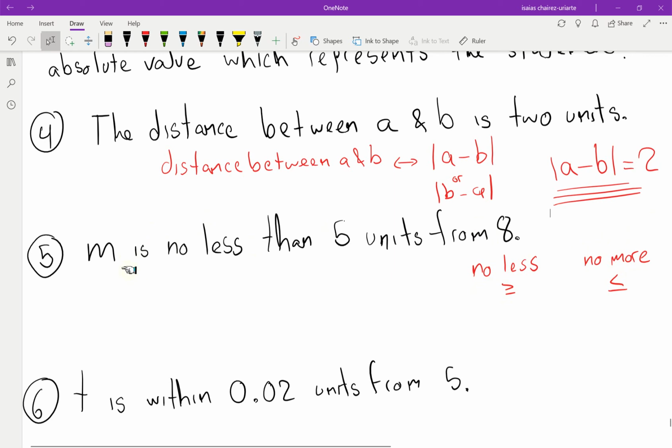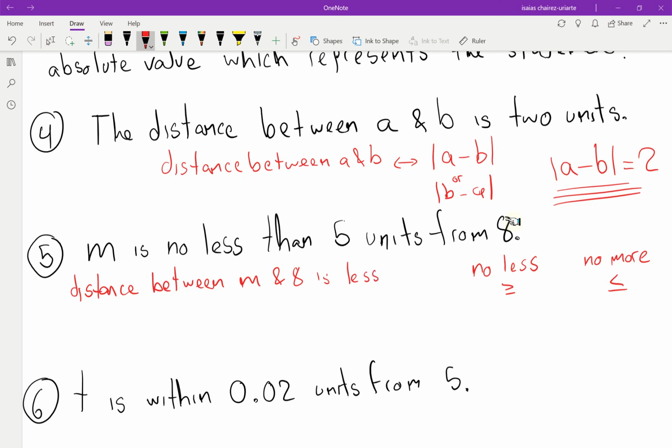M is no less than 5 units from 8. So that means that this is saying that the distance between M and 8 is less than or equal to 5.